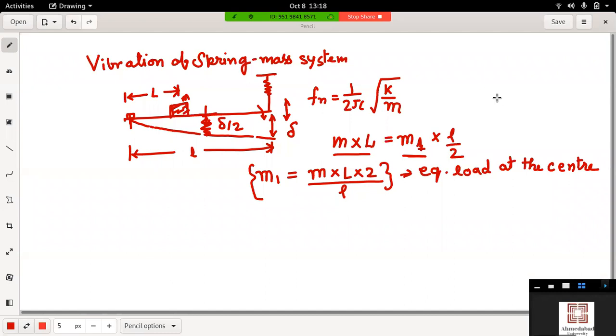So if F is the force experienced by this original spring, then F cross L, which is nothing but the bending effect at this end, must also be equal to the bending effect by this external load, which is nothing but F1 cross the distance, if the total length is L, then L by 2. Okay.